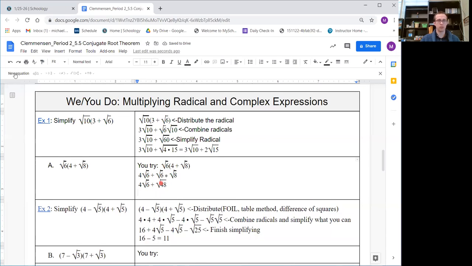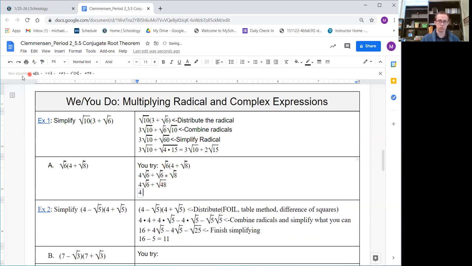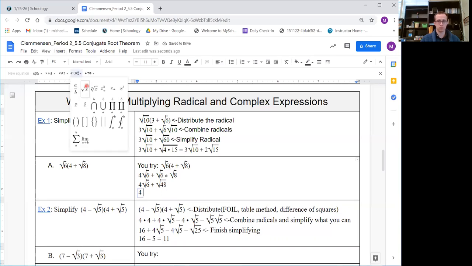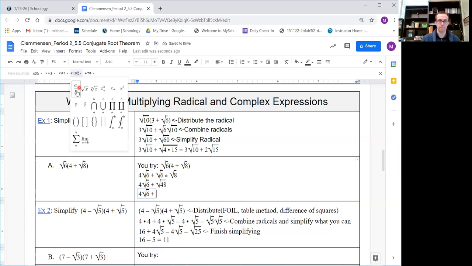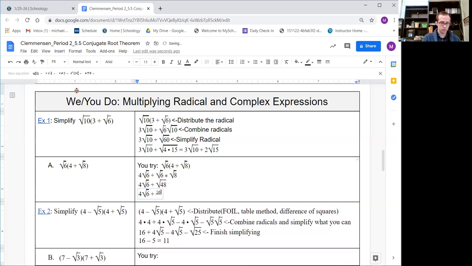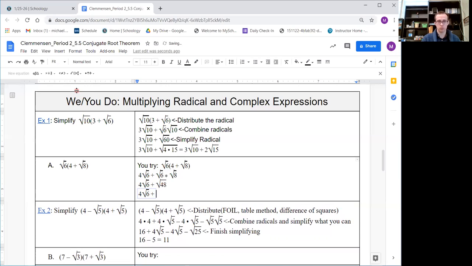48 can be broken down into, so that 4 root 6 out front doesn't change. But the other part turns into a 16 times 3. Oops. I chose a fraction bar instead of the one I meant to do. 16 times 3.